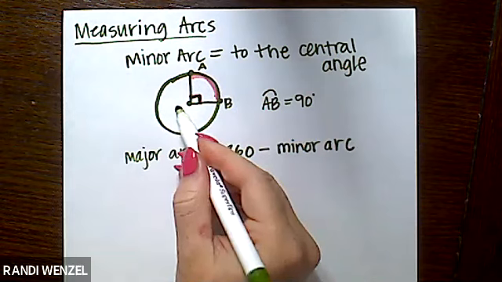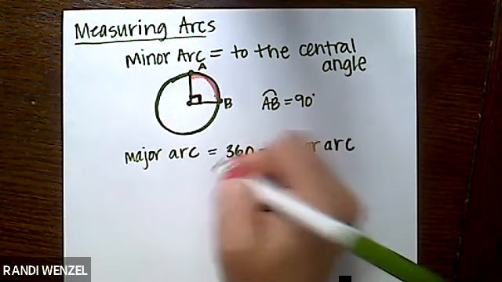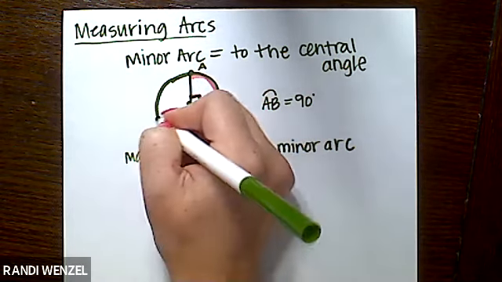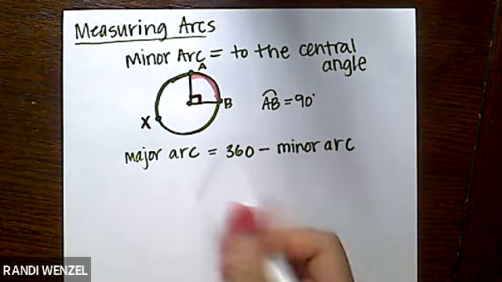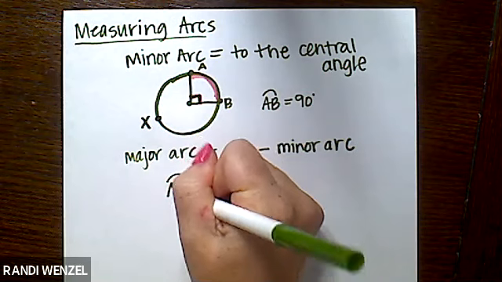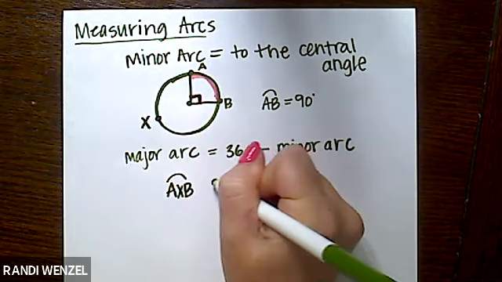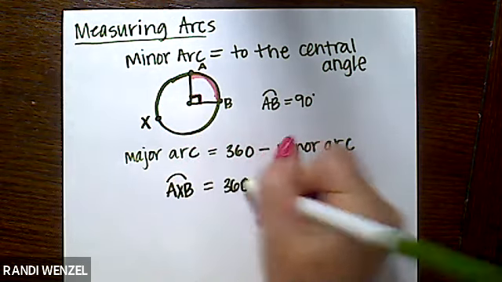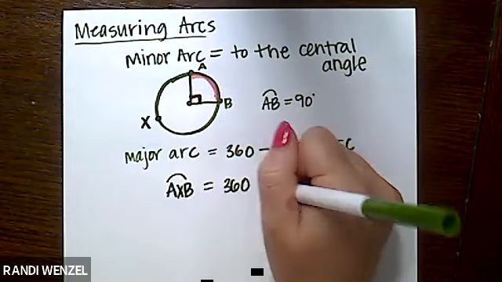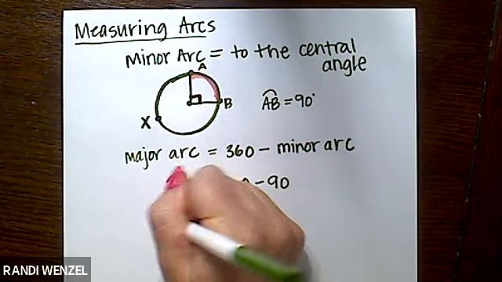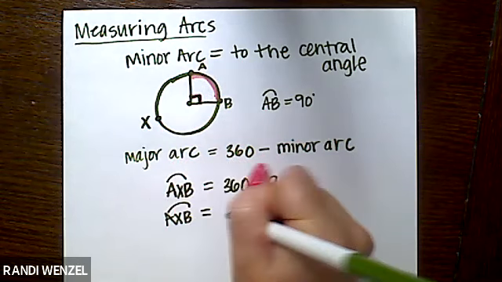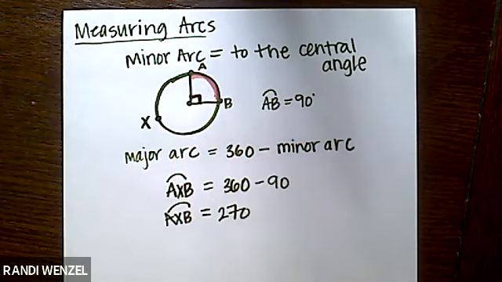So if we're looking at this picture up here, I'm going to put the X here, to find the measure of arc AXB, we would take 360 and subtract the minor arc. So we're going to subtract the 90. So arc AXB should equal 270.